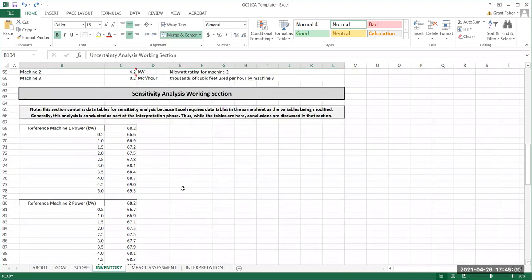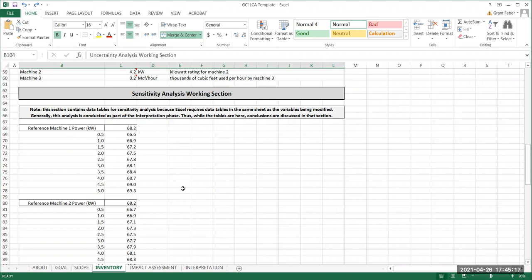Now, ideally, these working sections should not be included in the inventory worksheet because technically uncertainty and sensitivity analysis are part of the interpretation phase of the study, which is an iterative phase, but it really should come after the final impact assessment.